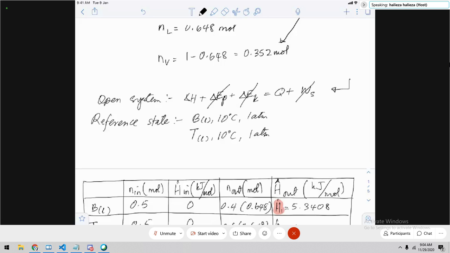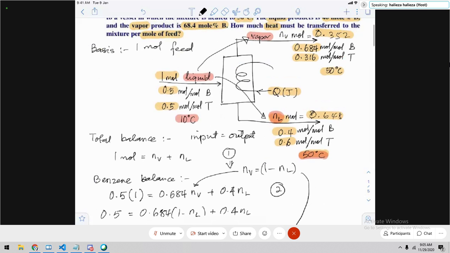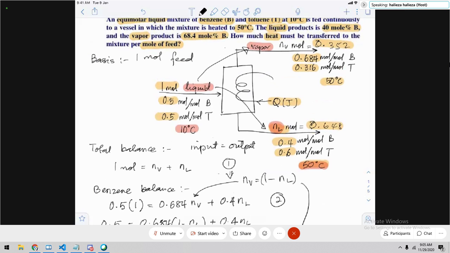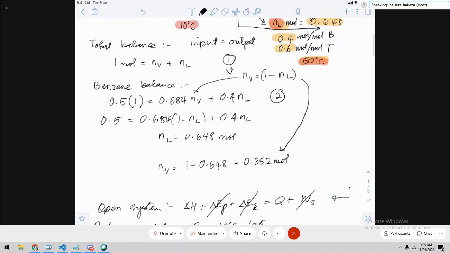So give it a reason. Your final change of enthalpy is going to be the heat loss or the heat supplied to this vessel. In this case, you're going to supply heat to it because you are evaporating the liquid. Your top stream is coming out in the vapor phase, so that means you need to supply heat to your liquid feed. So that is your final equation.